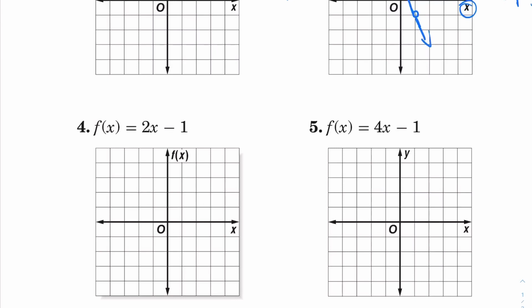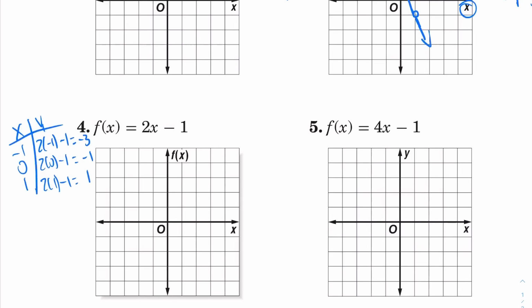I'll do 2 more examples. 4 looks good. We're going to make a table. -1, 0, 1. Plug those in. 2 times -1 minus 1. -2 minus 1 is -3. 2 times 0 minus 1 is -1. 2 times 1 minus 1 is 1.